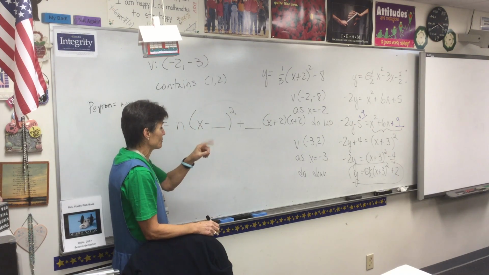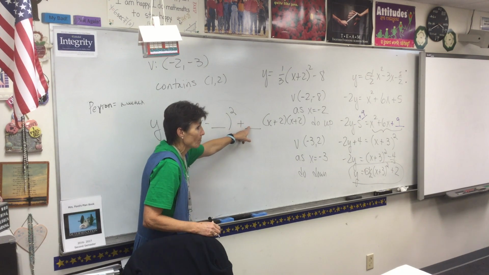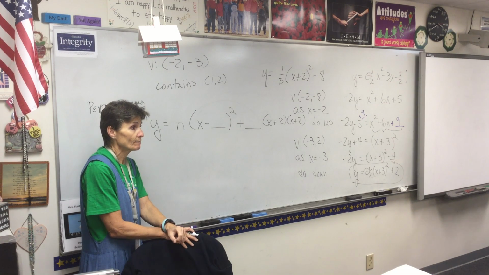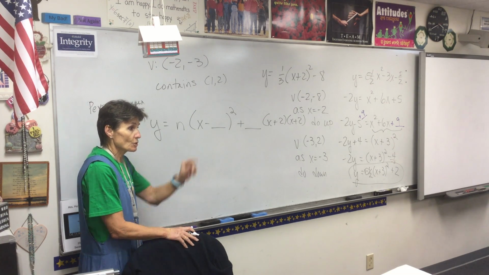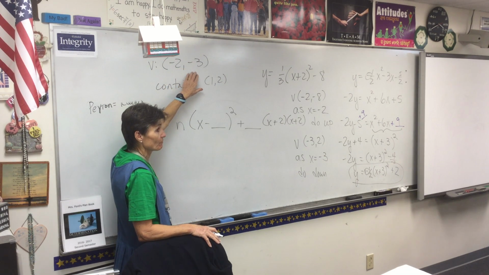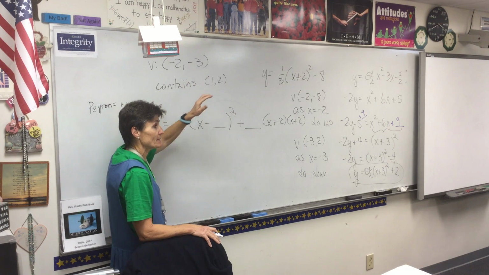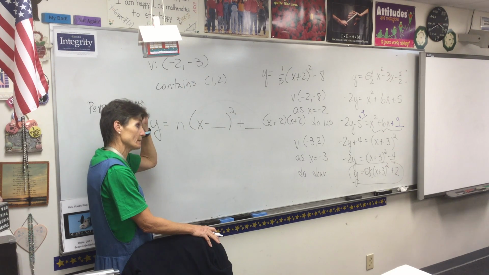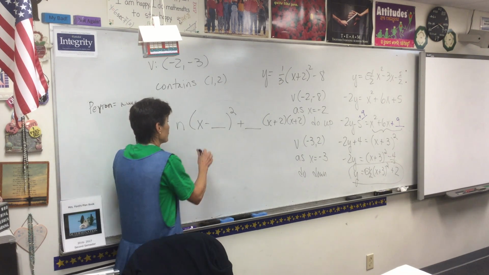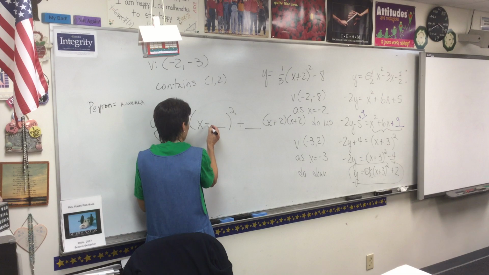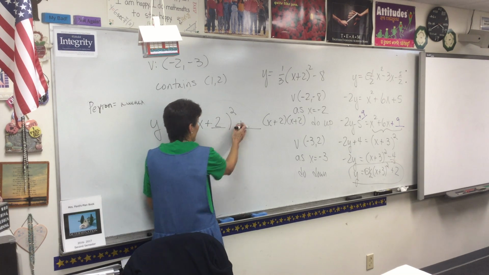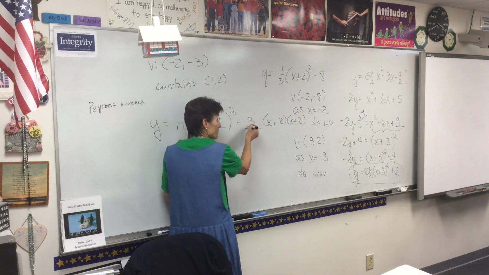Now, the good news is these somethings are directly related to the vertex, right? So if we know that the vertex is at -2, -3, that means we're shifting 2 units left and 3 units down. So 2 units left would be x plus 2. And then 3 units down would be -3.